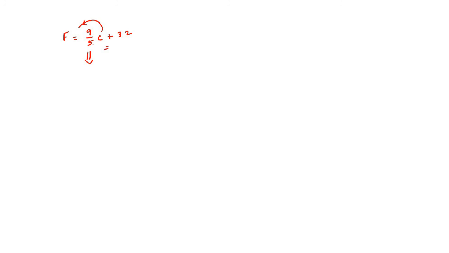F is here, 9 by 5C plus 32 is here. This plus 32, you take to the left side. You will get F minus 32 is equal to 9 by 5 into C. We want C. Therefore C is equal to 5 by 9 into F minus 32.